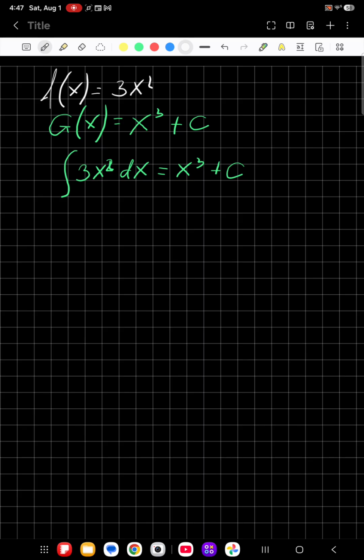Initially, we'll be using this notation. But in general, you have probably seen that integral symbol, and that's basically what is usually used in different contexts.